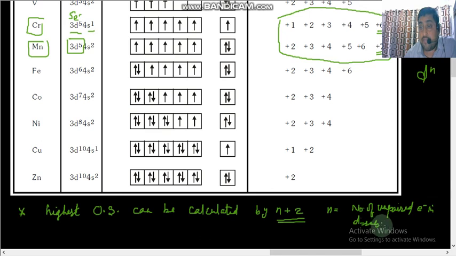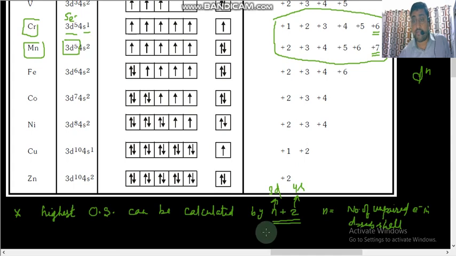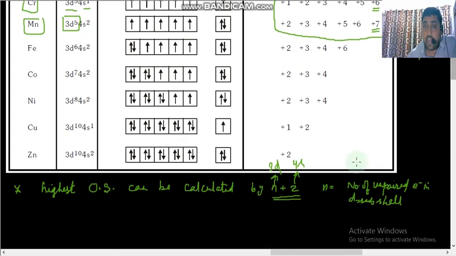How many unpaired electrons are there in the d subshell? If you see in the middle, 5, 5, 5. So take the number of unpaired electrons in 3d, and these are the electrons of 4s. By this number you can get the maximum, or highest, oxidation state.